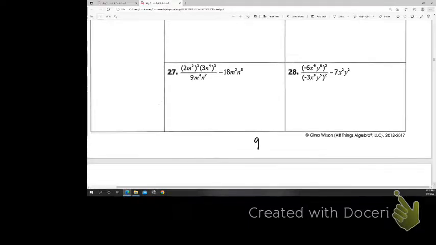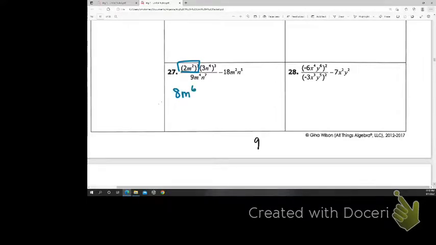We get to use power rule and product rule and quotient rule, and then we get to subtract all in one problem. So in this case, we've got separate exponents in different places, so we do need to do power rule first. So first I'm going to look at this part and get 8m to the 6th.